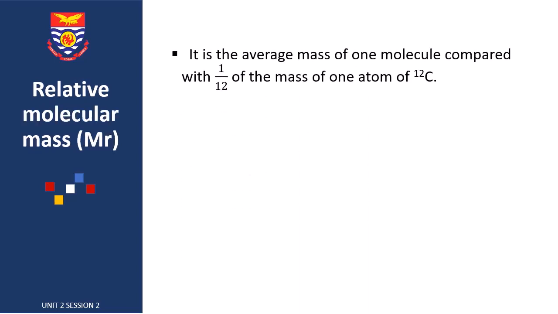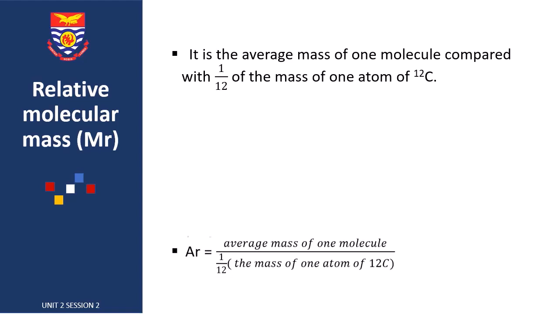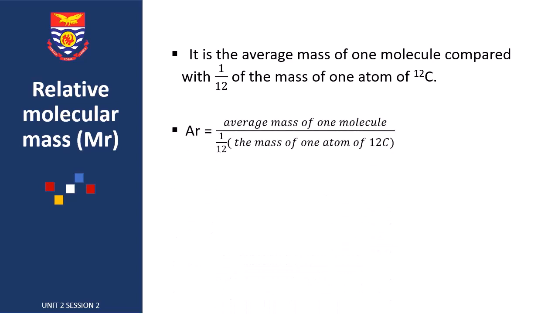Similarly, for relative molecular mass, we are just removing atomic and putting molecular there. So it is also the average mass of one molecule compared with 1/12 the mass of one atom of carbon-12. We can also do that mathematically, just like the relative atomic mass. This time around, it is a molecule.